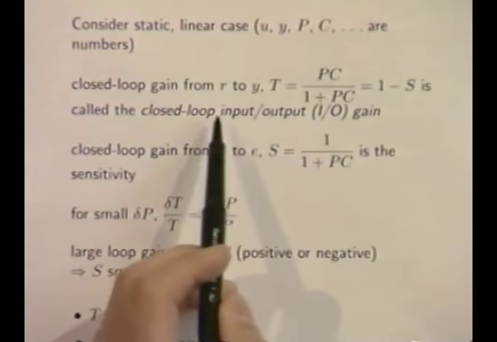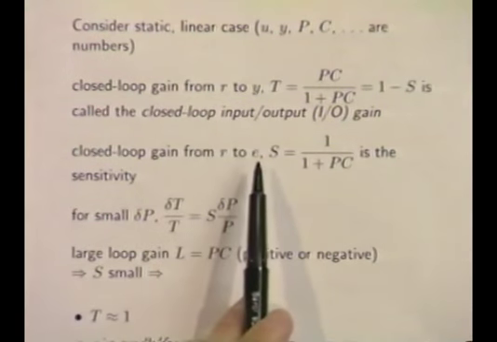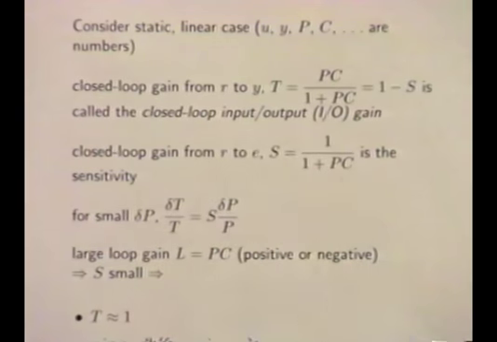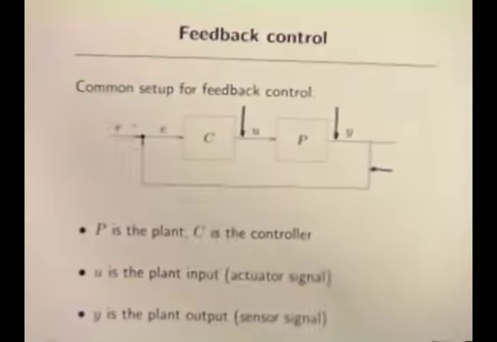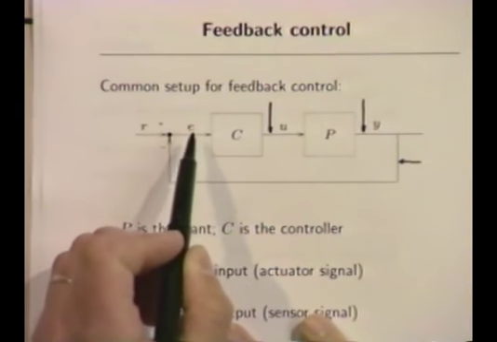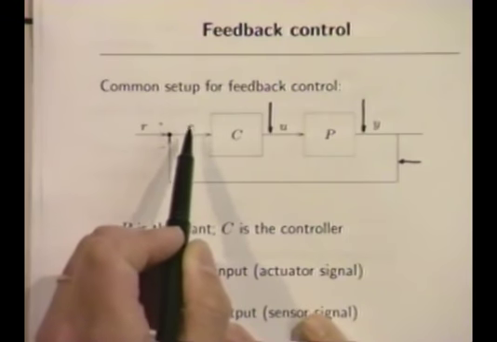PC over 1 plus PC is called the closed loop input-output gain. And the closed loop gain from R to E, which is also a very interesting thing, is S. Okay? So what that says, it's very interesting. It says in this system here, the closed loop gain from R to E tells you, for a given size R, what kind of error you're going to get.